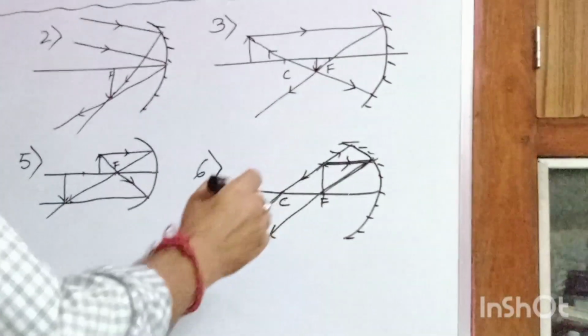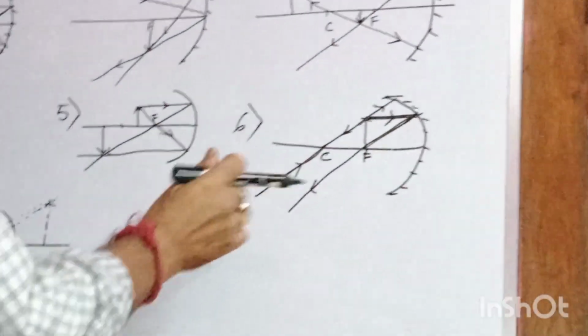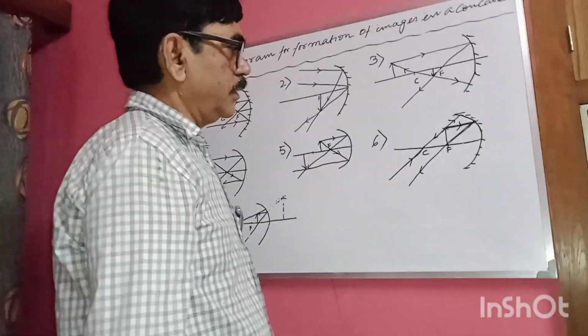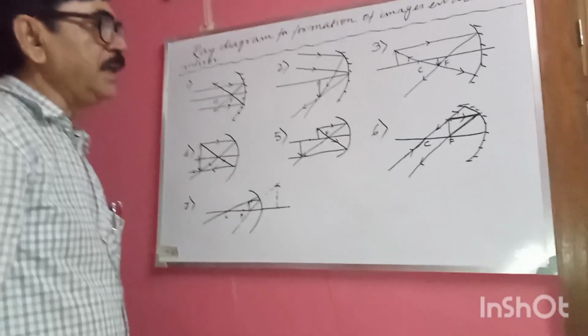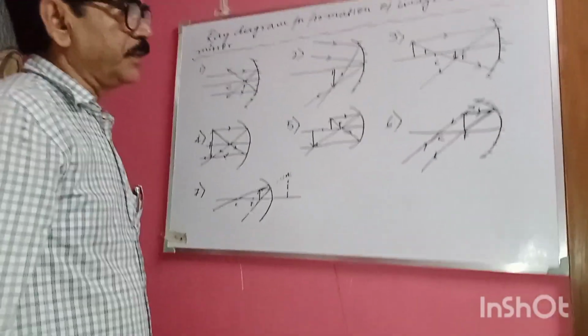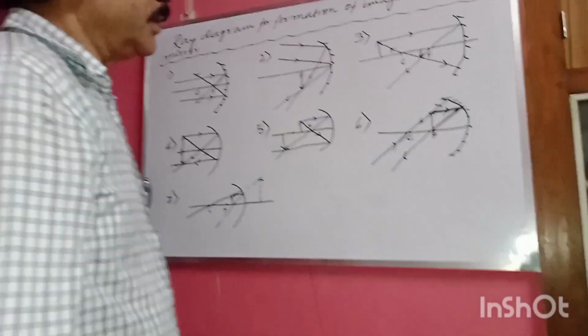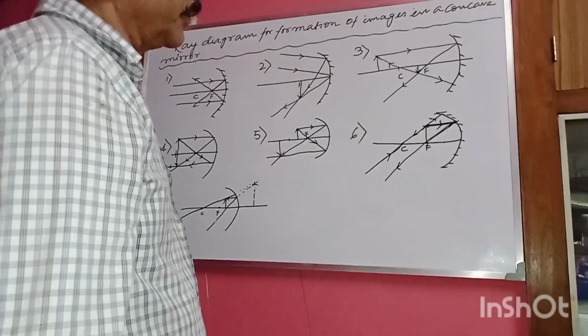It will move in the same way, parallel. So both the reflected rays will be parallel. That means the image is highly magnified.